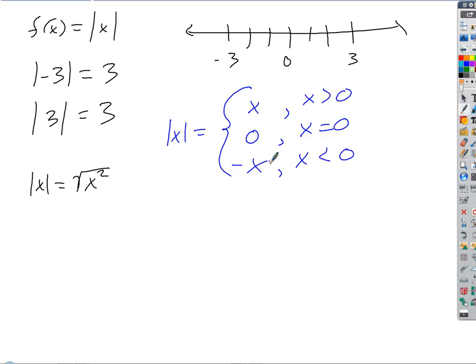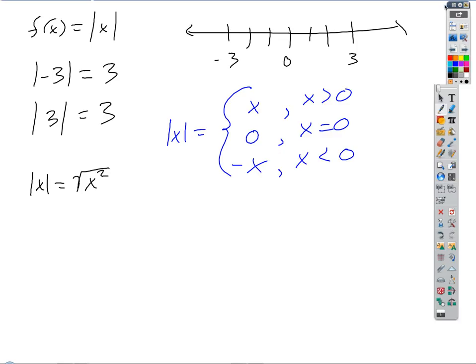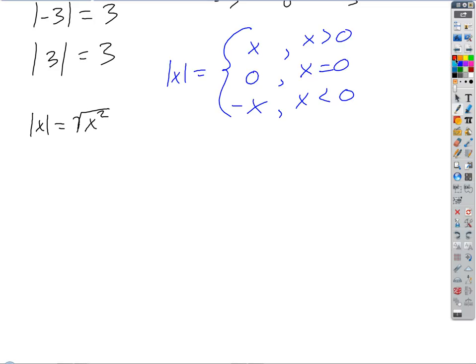Now in our book, and this is okay to do, they change this very slightly, and they say instead, let's just combine those two, right? Which is okay to do because this is always going to be an endpoint of either one of these two functions. So it's okay to do this.